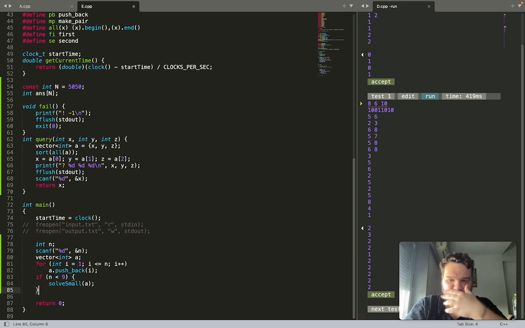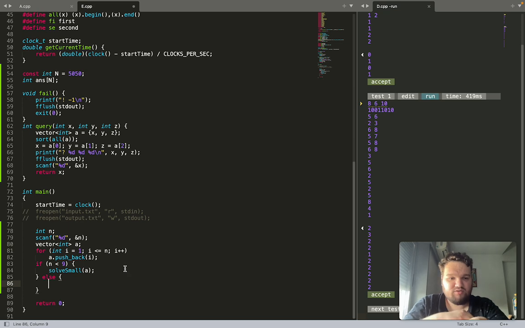So I'm doing either solve small, or I will iterate over all the triplets of the first 9 elements, and if it turns out that they are all equal, and I can determine that, then I will stop this iteration and say, okay, I found 3 equal elements.